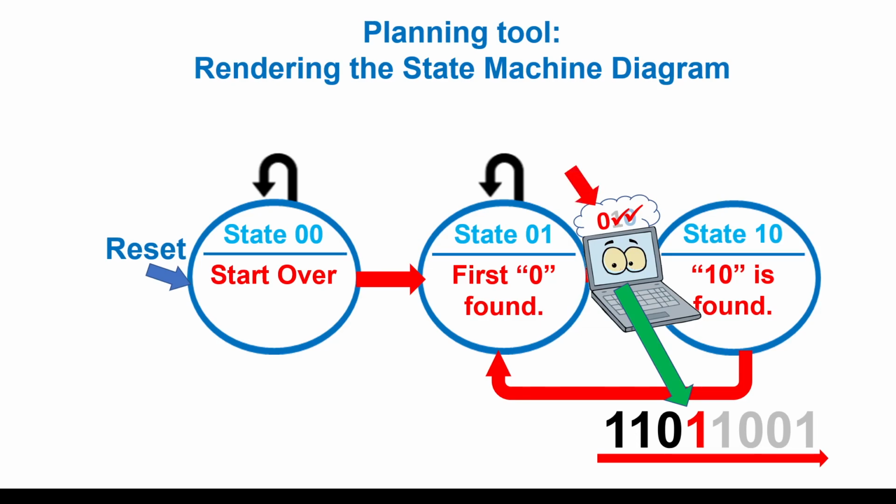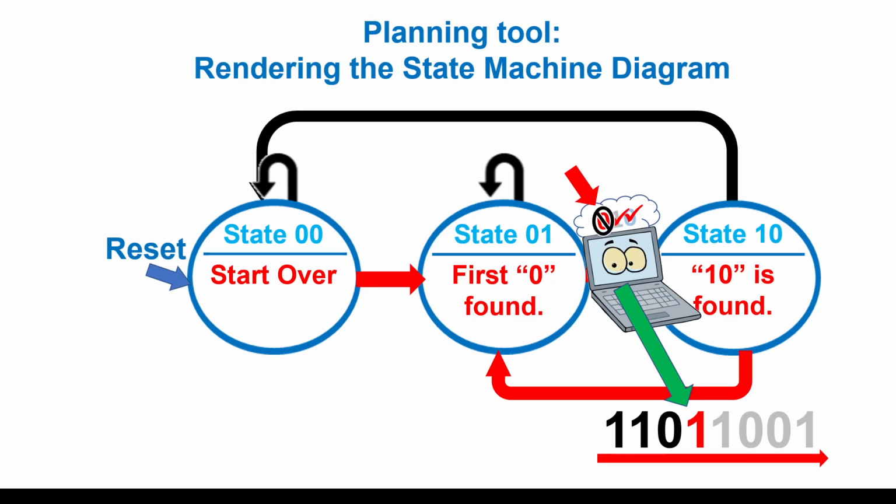We'd have to start over again, right? This is not the right number. So we're going back to state 0, 0 to start over, because it just doesn't match the sequence. Okay, and this is, in a way, the same as resetting it.